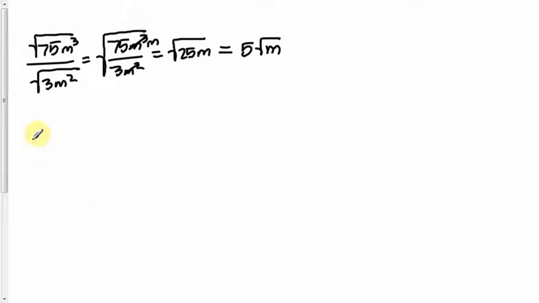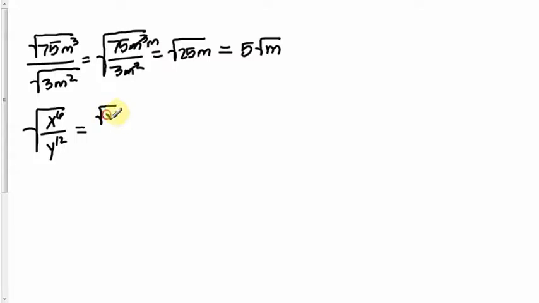Okay, let's look at this one. The square root of x to the 6th over y to the 12th. Now those are underneath one radical, but I'm not able to simplify them into each other like I was up here.